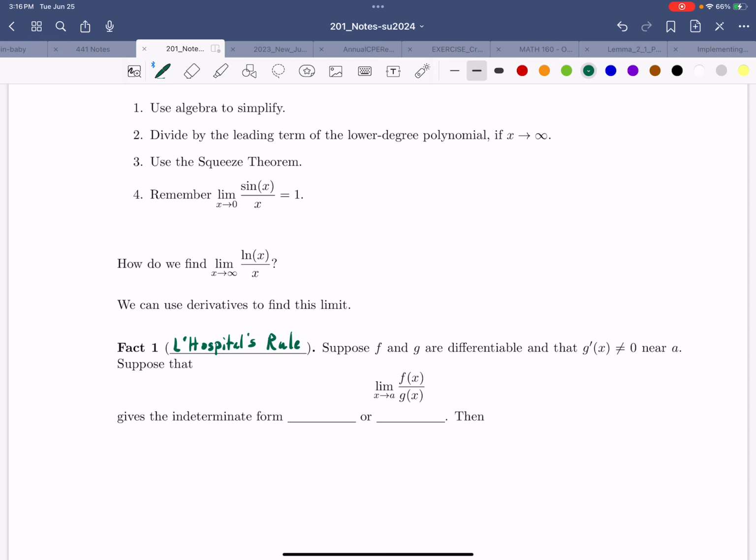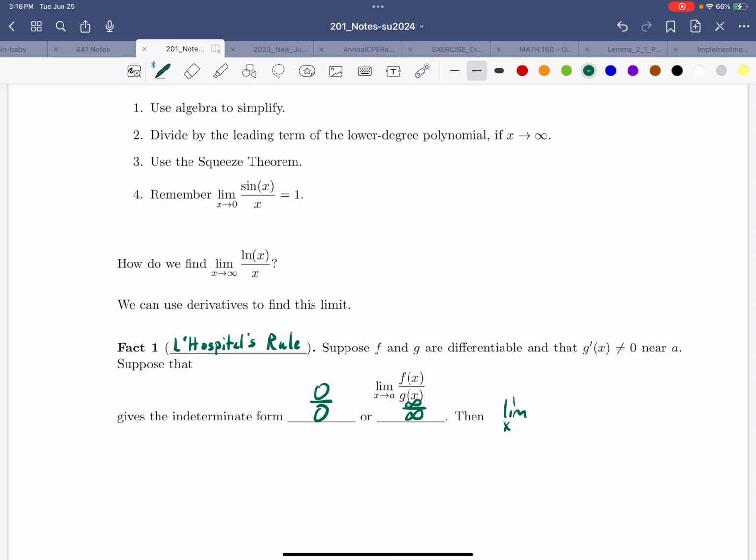I forget whom. But it says that suppose f and g are differentiable, and I guess we need to know that g of x does not equal 0 near a, so that we're not dividing by 0. Suppose that this limit gives the indeterminate form 0 over 0 or infinity over infinity. Then, here's the result.